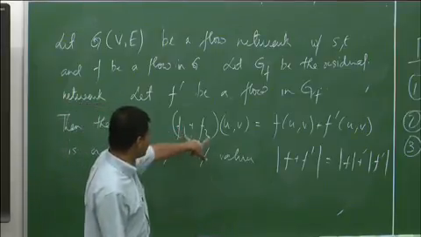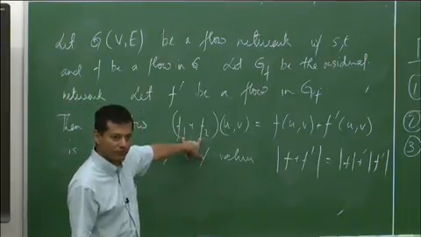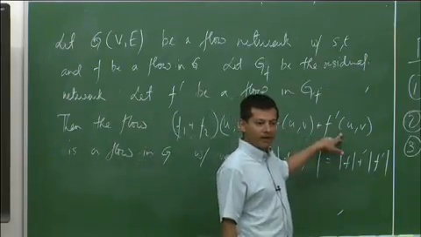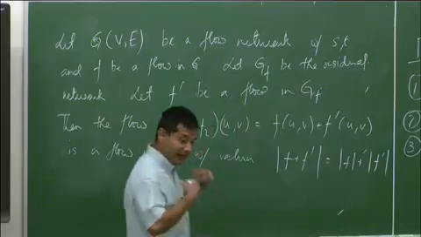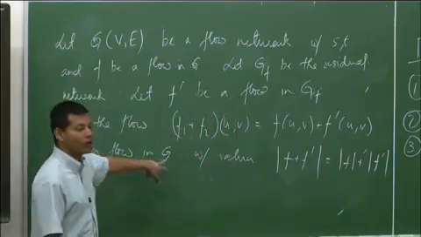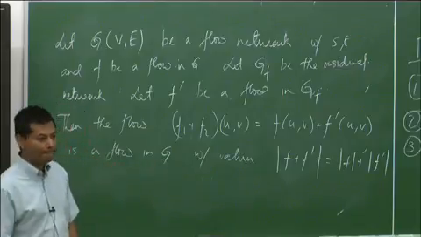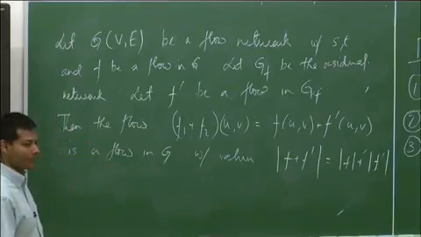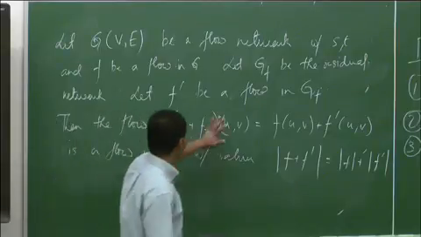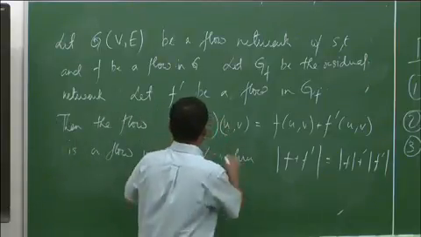This is the mnemonic for the sum of the two flows, which is essentially from U to V simply add F and F prime. I claim that that itself is a flow, and it is a valid flow in G. Sorry, it is F plus F prime.